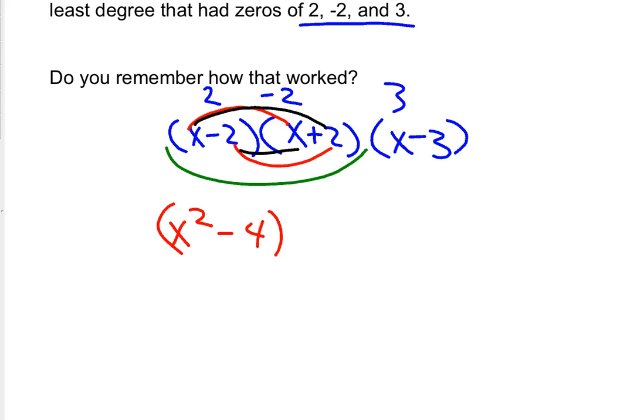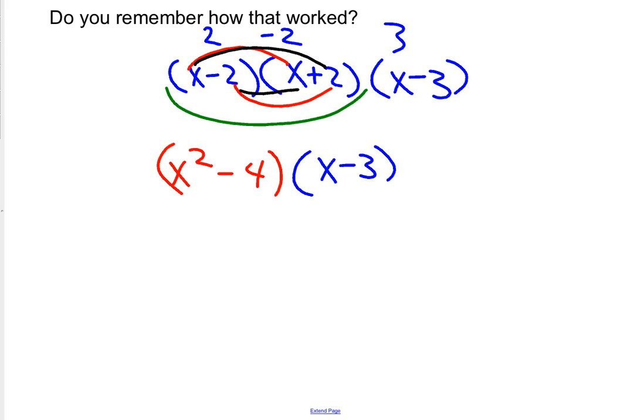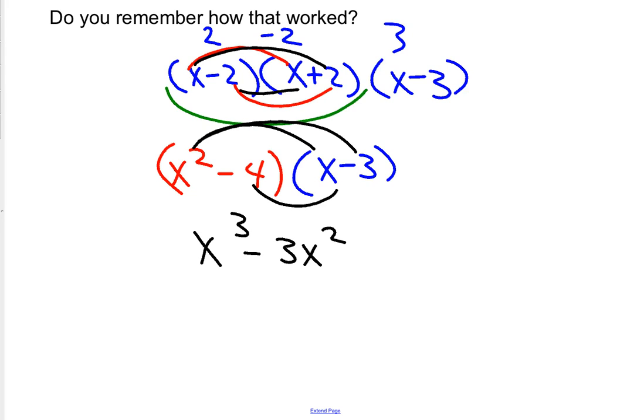So now I have to take x squared minus 4 and multiply it by x minus 3. x squared times x is x to the third. x squared times -3 is -3x squared. -4 times x is -4x. -4 times -3 is +12.